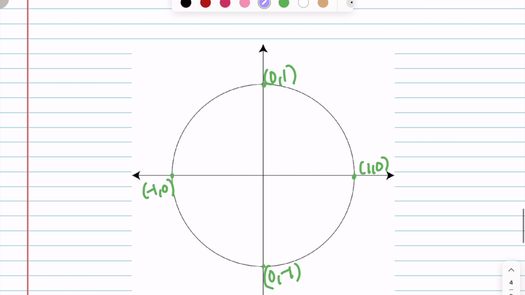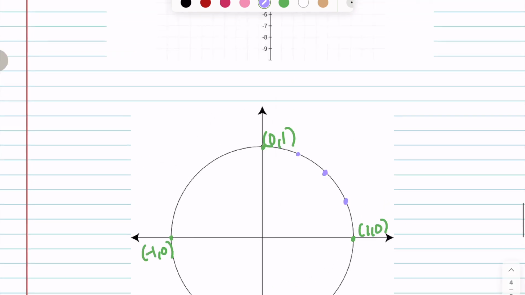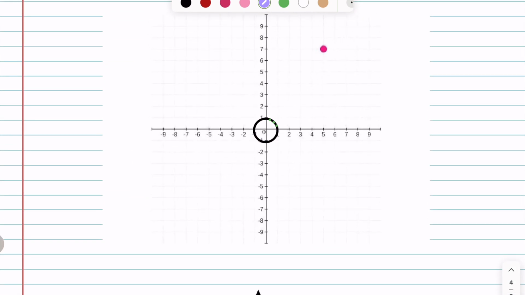We know that there are 3 points in every quadrant, right? And these are quadrants because, as we've talked about, we are on the standard Cartesian plane, where this is quadrant 1, quadrant 2, quadrant 3, and quadrant 4. So same rules are going to apply. Like over here, a point will be positive x, positive y.